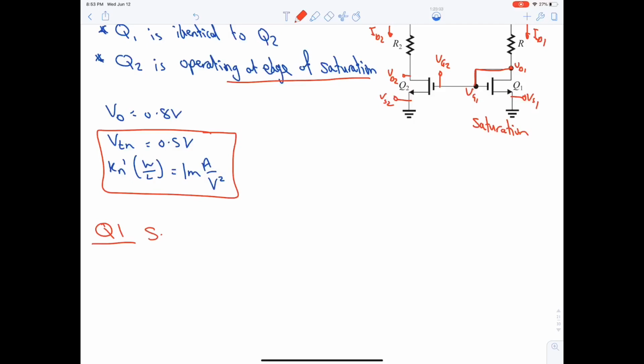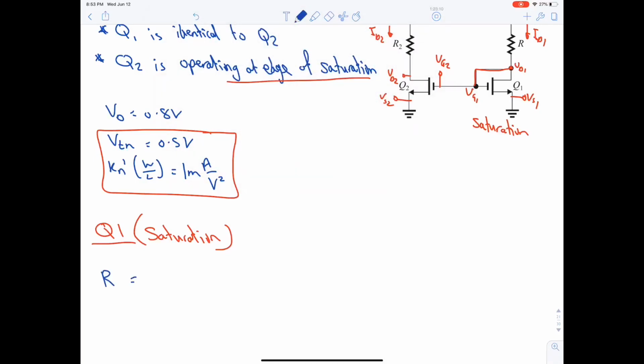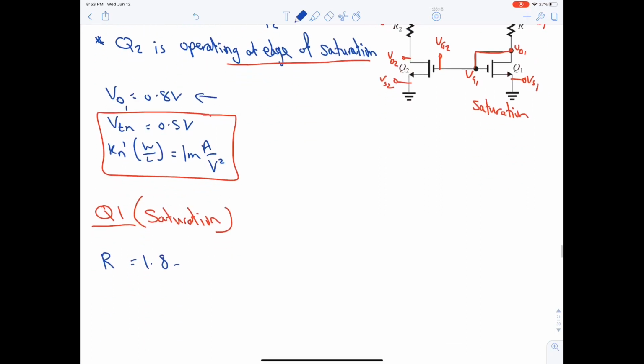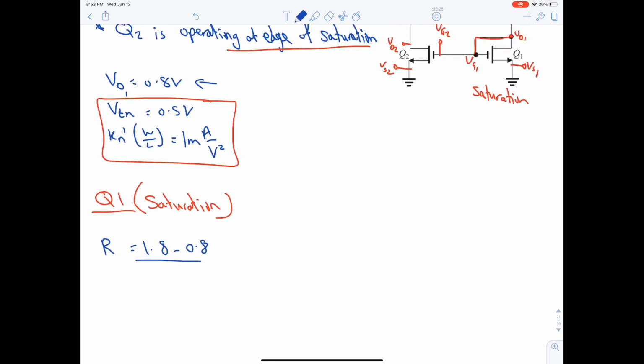Q1, we said you are in saturation, and R is equal to 1.8 minus VD1, which is 0.8. It's given here. 0.8 divided by ID. And ID is unknown, we have to compute it. So we can compute it from here: half mu n COX W over L VOV squared.